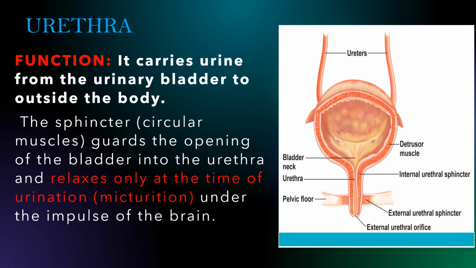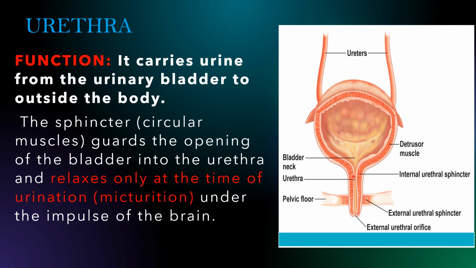Urethra is another main structure present in the urinary system. What is the function of the urethra? It carries urine from the urinary bladder to outside the body. That is the main function of the urethra.